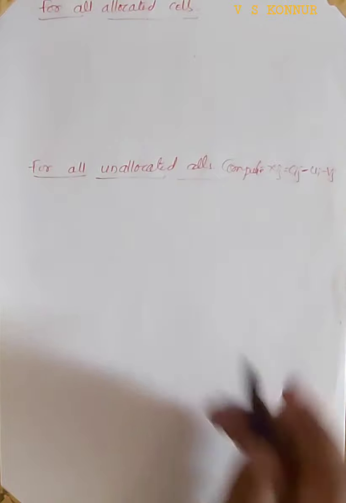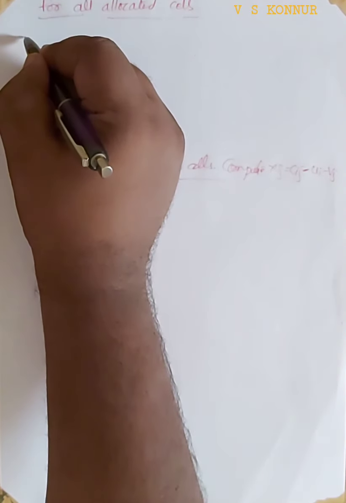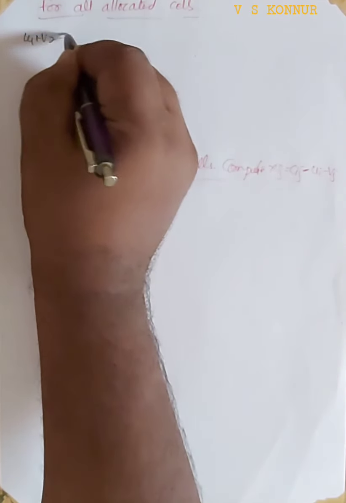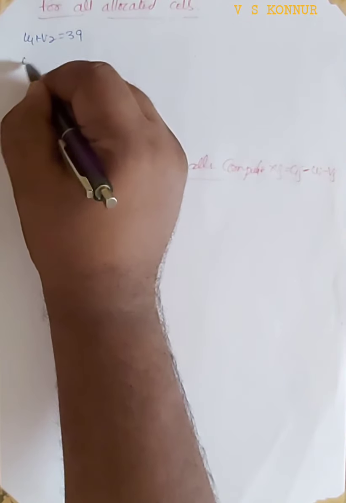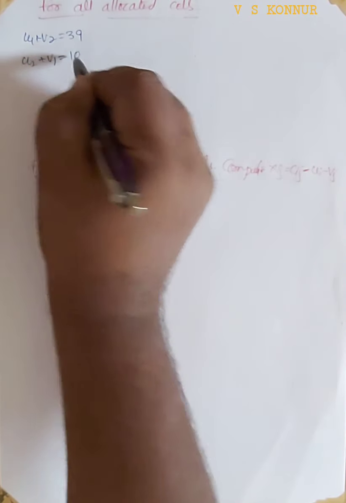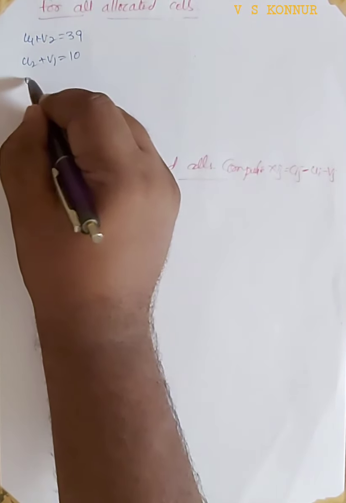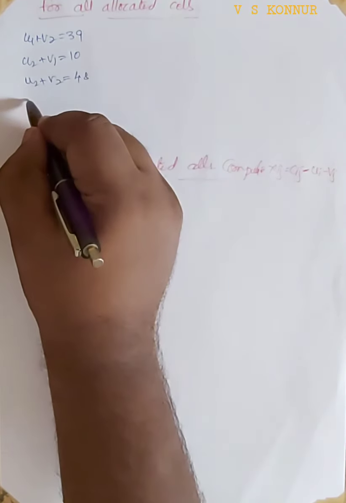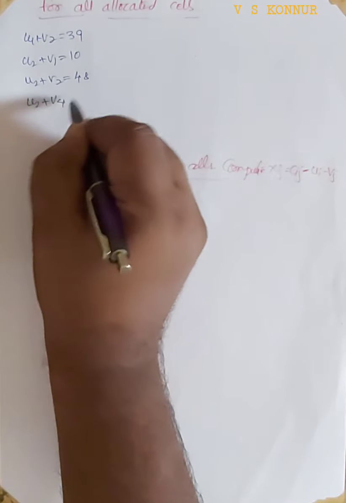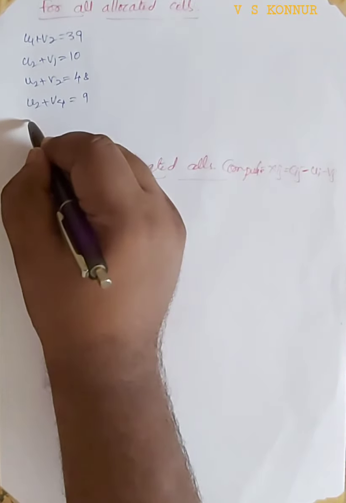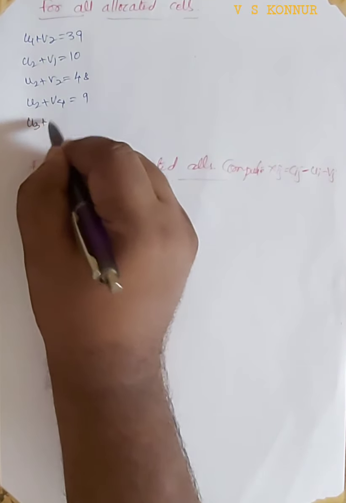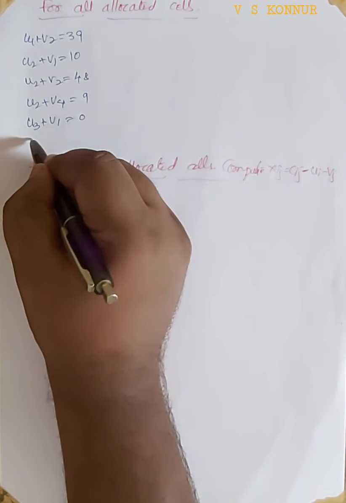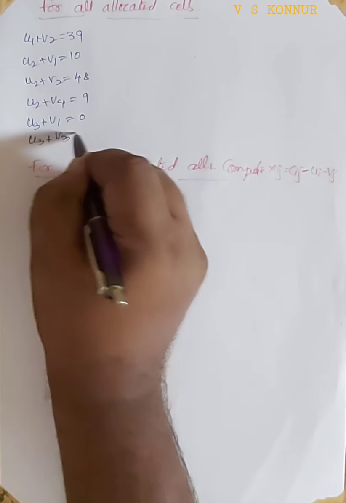Now for all the allocated cells we will calculate. So U1 plus V2 is equal to 39, U2 plus V1 is equal to 10, U2 plus V2 is equal to 48, U2 plus V4 is equal to 9, U3 plus V1 is equal to 0, U3 plus V3 is equal to 24.